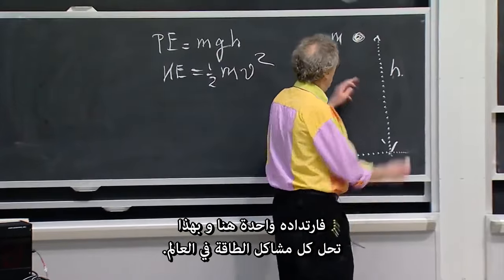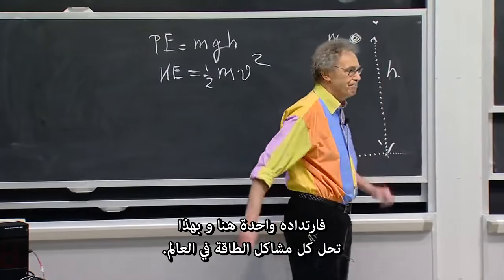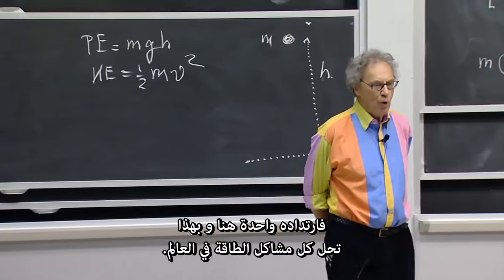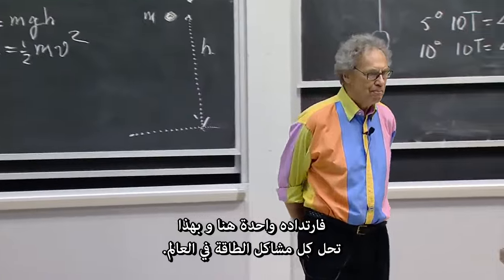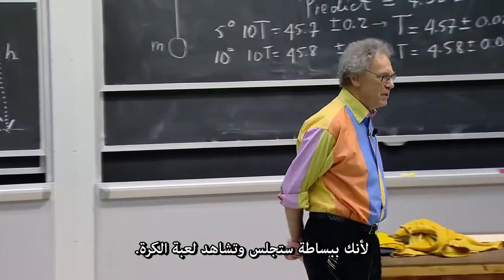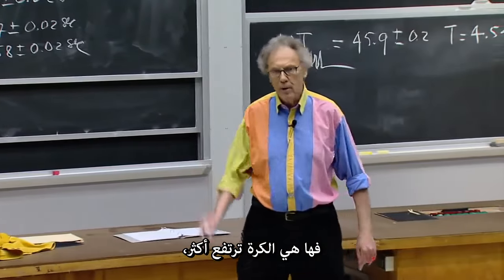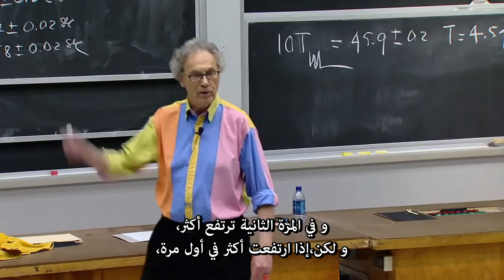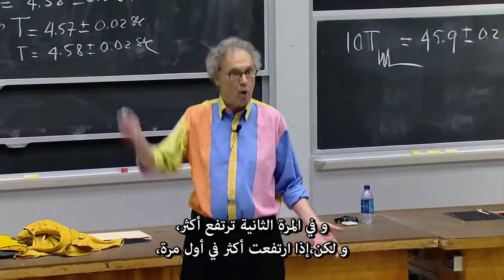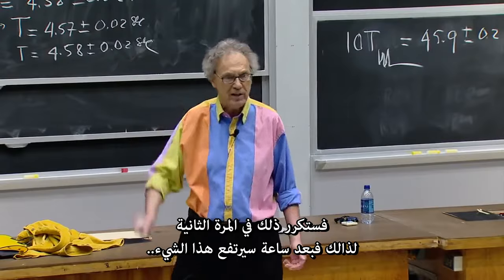Suppose it could come after one bounce up here. Well, that would solve the world energy problem. Because you simply sit down and you watch the ball game, and there goes the ball, higher, and the second one, it goes again higher. But if it goes the first time higher, it will do that the second time.